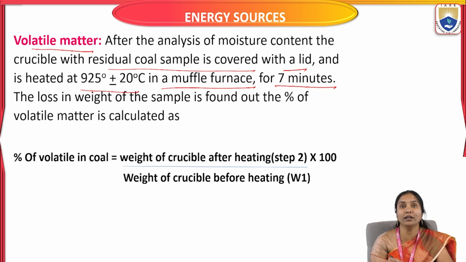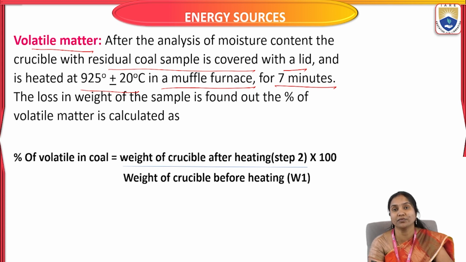In this volatile matter determination, after completing the moisture content, the crucible with residual coal sample is covered with a lid and heated in the muffle furnace, maintaining a temperature range of 925 plus or minus 20 degrees centigrade for 7 minutes.